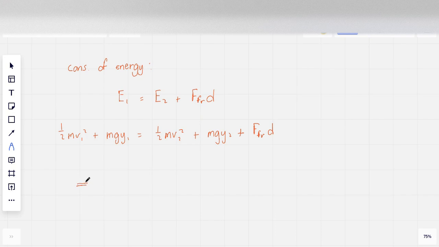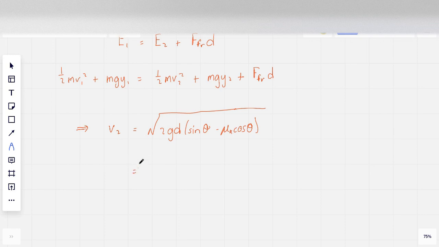So if we rearrange and substitute our values, we get v2. Remember, v1 is equal to 0 as well as y2. So v2 is equal to the square root of 2 times gd into sine theta minus mu k cosine theta.